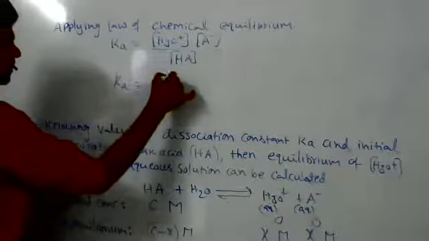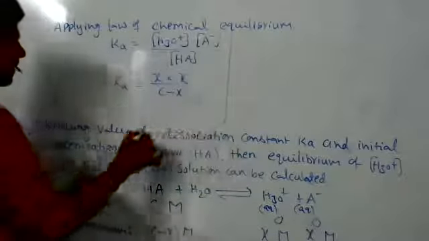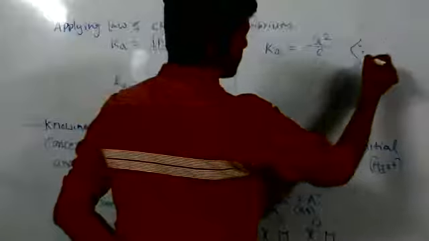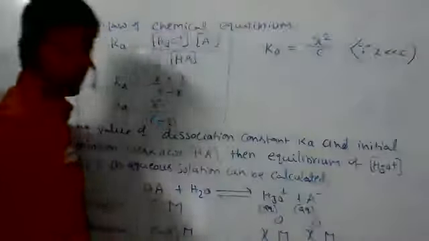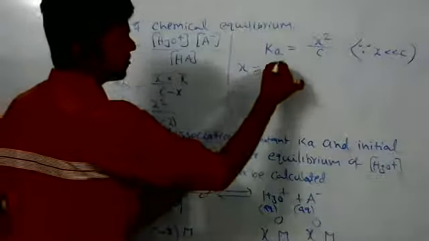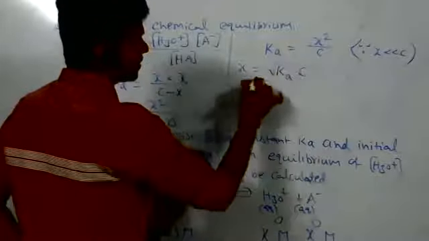Ka is equal to X into X divided by C minus X. Ka is equal to X square by C minus X. Since X is smaller than C, Ka is equal to X square by C. X is equal to root of Ka into C. This is the final formula.